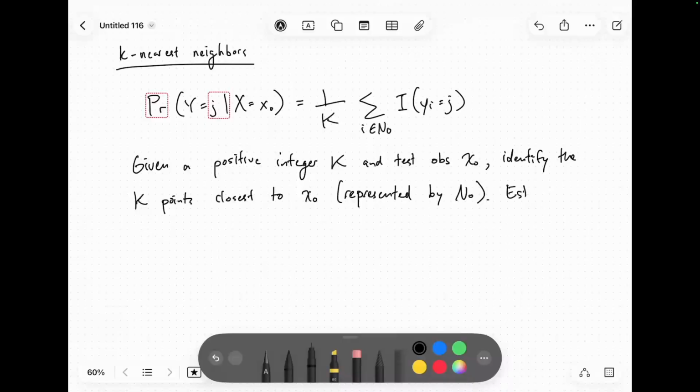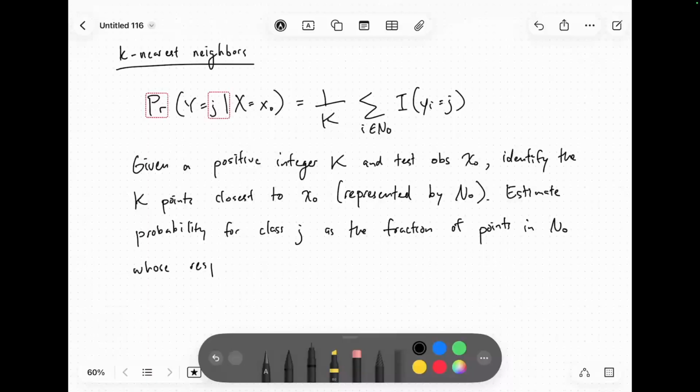This will estimate the probability for class J as the fraction of points in n naught whose response equals J. And then classify x naught to the class with the largest probability.